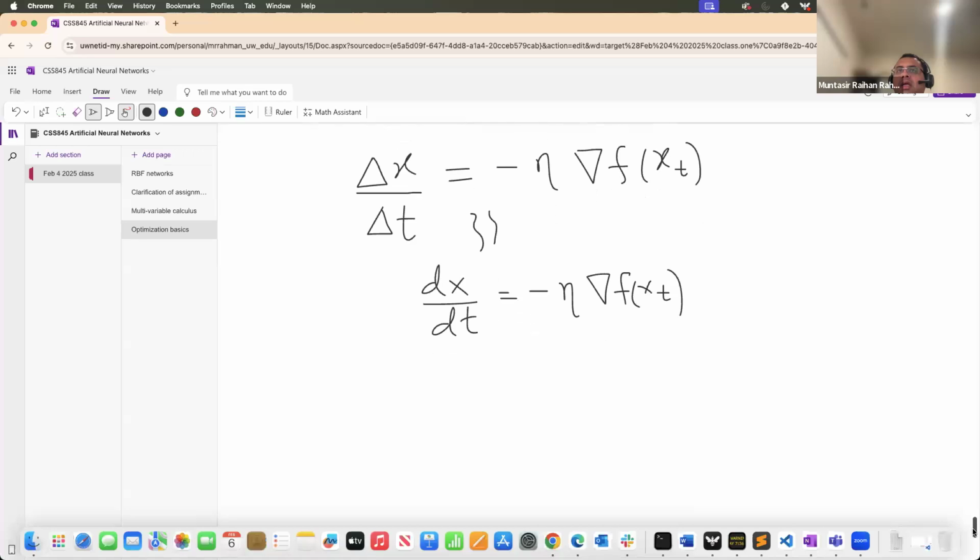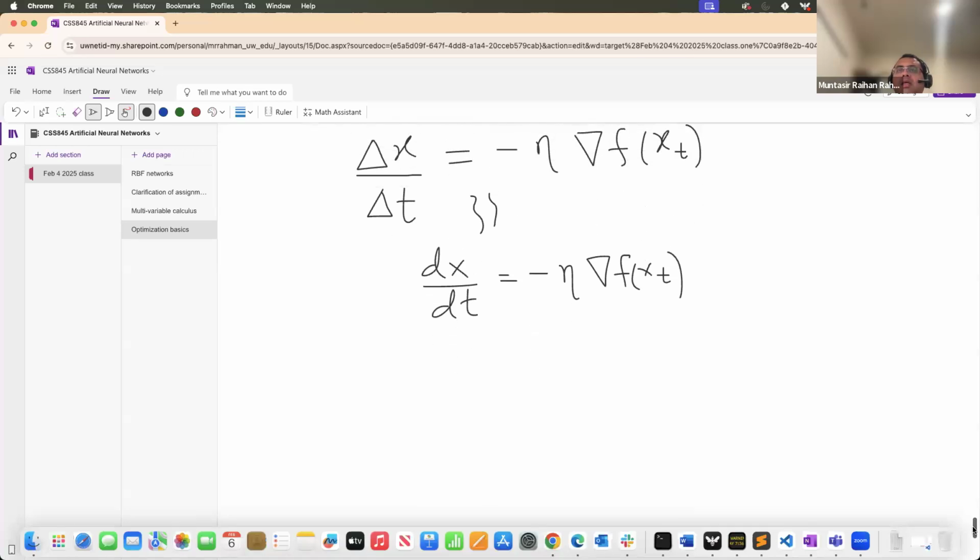Okay, right? And now what is this? This tells us that the rate of change of x is minus eta times the gradient. If you try to solve for this, that would give you a solution for x of t, and it's going to be an exponential decay.